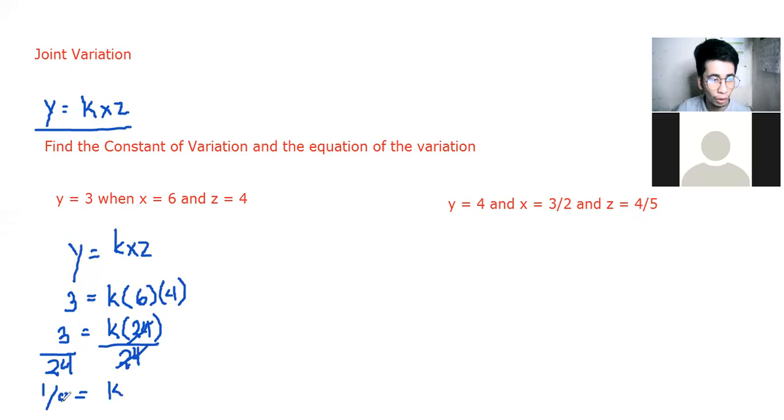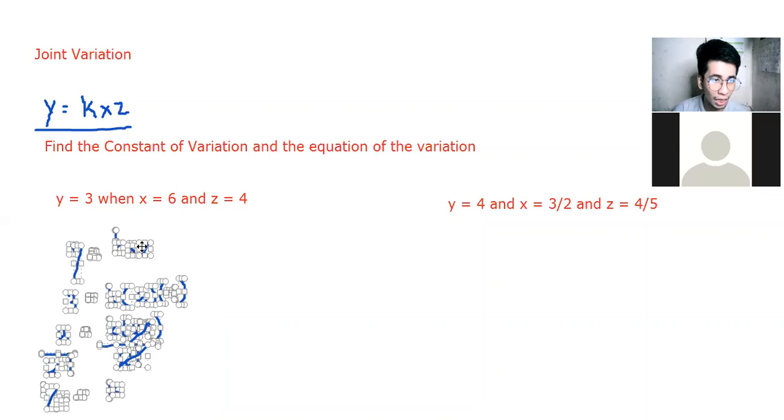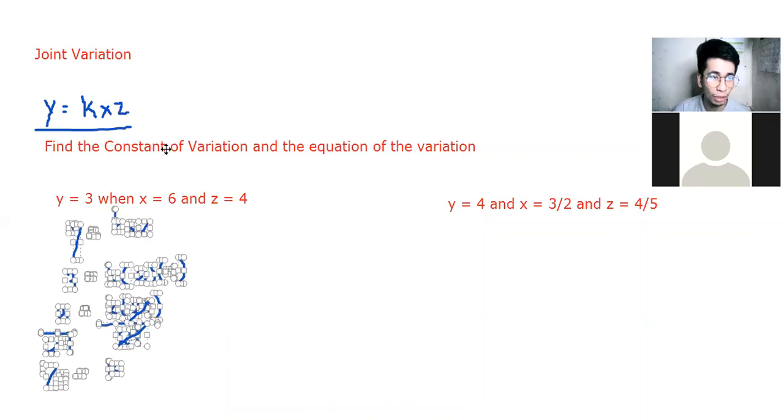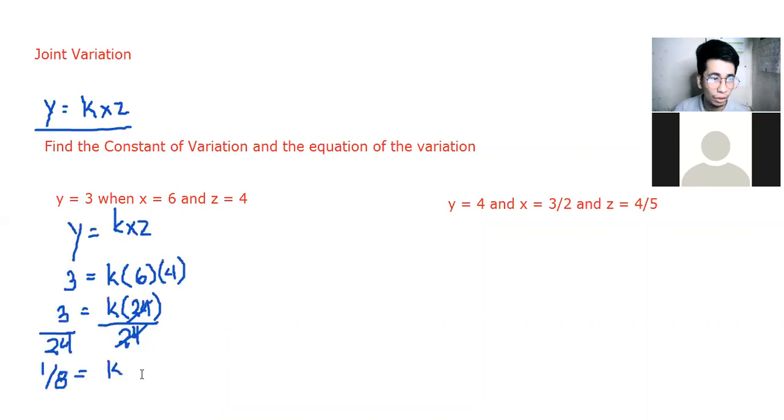Tama. 1 over 8. Okay? So, meron tayong 1 over 8. And this is the value of K natin. At yung value ng K natin, iyon na yung ating constant of variation, di ba? Constant of variation natin, 1 over 8.